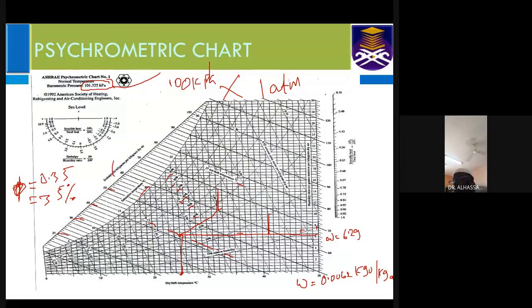So if we rule our line cleverly towards this section, our enthalpy is going to be about 42. That is specific enthalpy. H is about, H equals 42 kilojoules per kilogram of dry air.